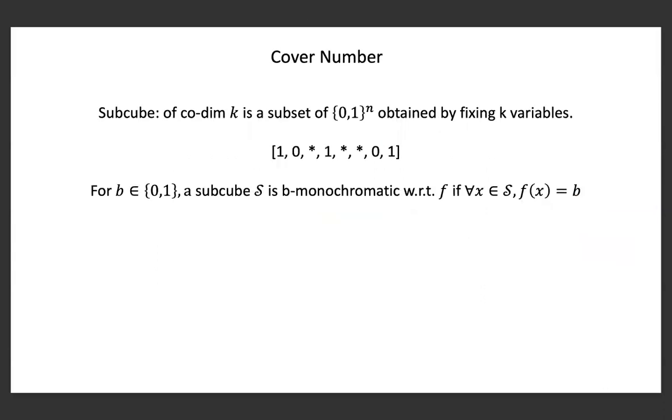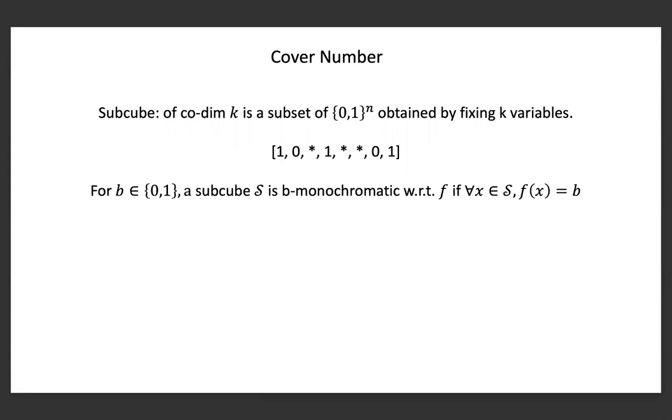The other important notion in our work is the notion of cover number. To define it, I'll need the definition of a subcube. A subcube of codimension k is a subset of {0,1}^n obtained by fixing k variables. So it's nothing but the set of all inputs which are consistent with a partial assignment.